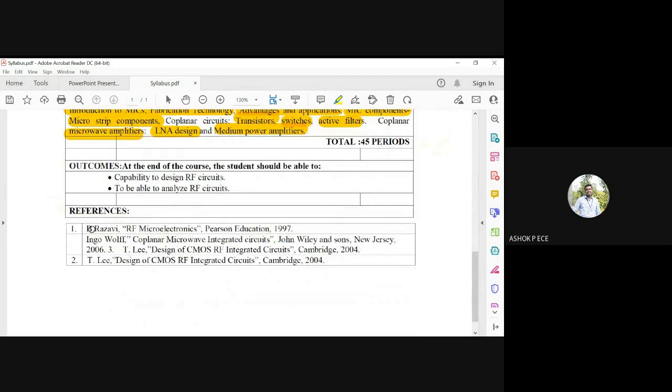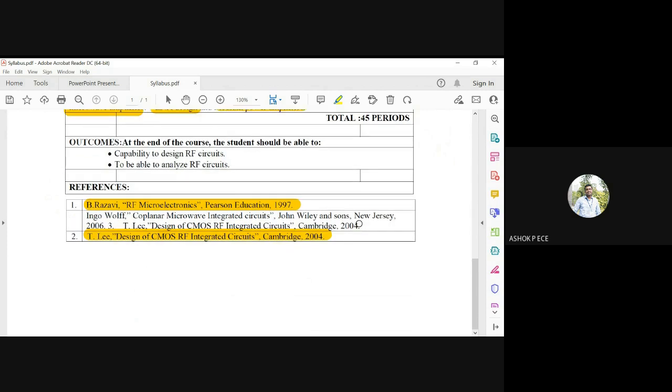I will restrict my talk. The entire syllabus will be based on the books by Razavi and Lee. These two books completely cover your syllabus, and I'll also provide a shortened ebook version of these two books so that you can read them and get more clarity on the topics.